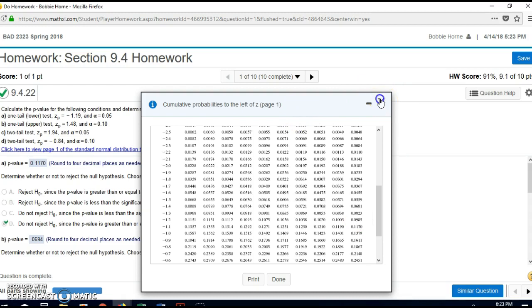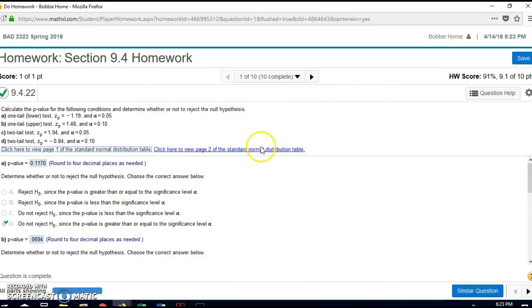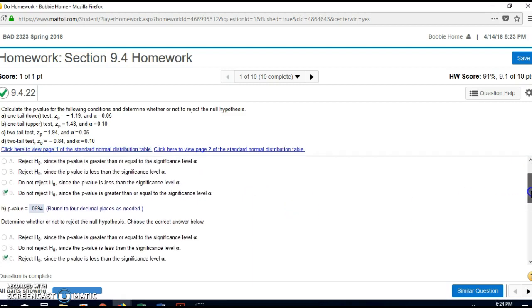And if your p-value is less than alpha, you would reject. So we see our p-value is 0.1170, so that's greater than alpha, so we would not reject. And then you do the same thing for the next problems, one tail.